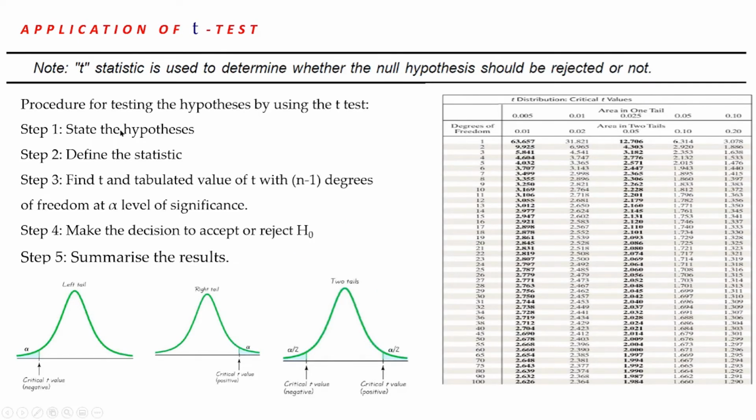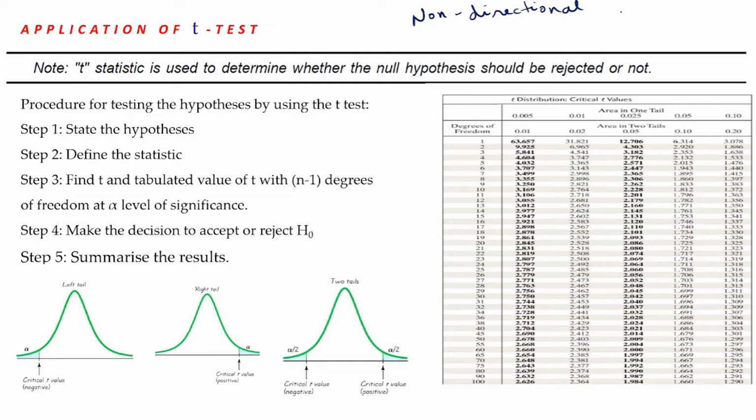And now moving on to the application of the t-test. The use of the t-test is to determine whether the null hypothesis should be rejected or not. As far as the syllabus for the academic year 2021-22 is concerned, we have a non-directional hypothesis.